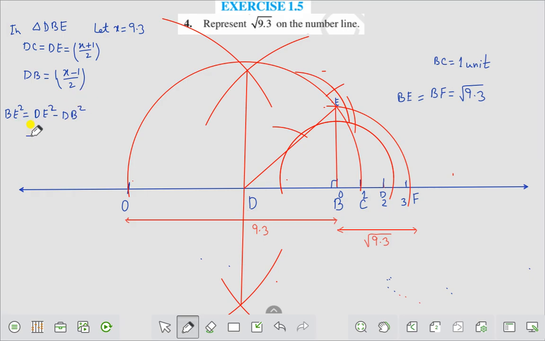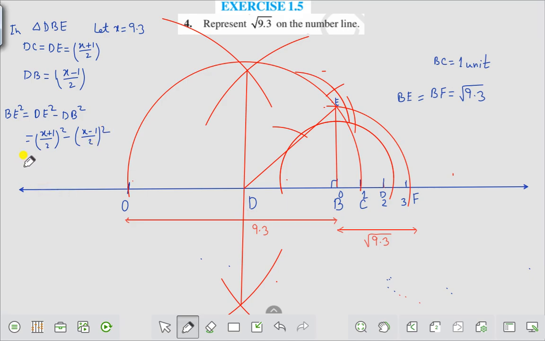What is the value of DE? The value of DE or DC is the same as x plus 1 by 2, that is x plus 1 by 2 whole square, minus x minus 1 by 2 whole square, right?